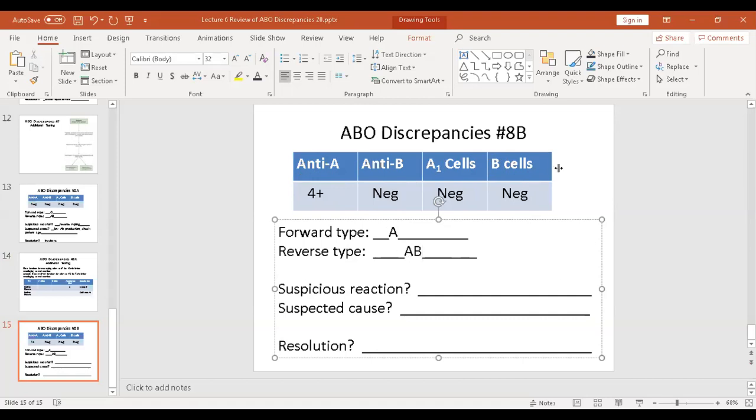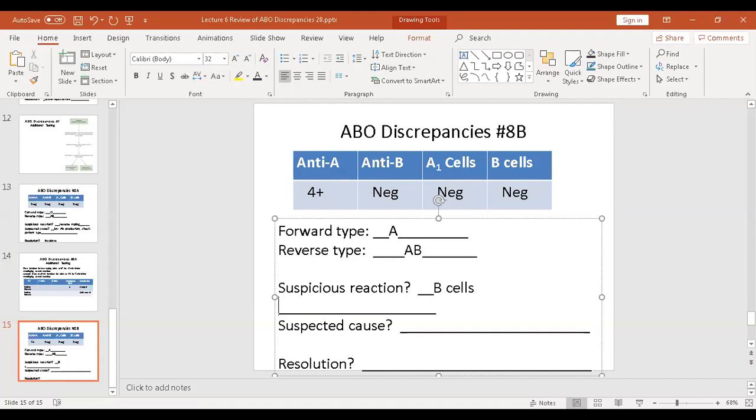What is our suspicious reaction? It's the B cells that we would expect to react with this person's anti-B. Suspected cause, once again, this could be due to age. Our resolution is going to be to take these tubes and let them sit at room temperature for 15 minutes and then centrifuge them and read them again.